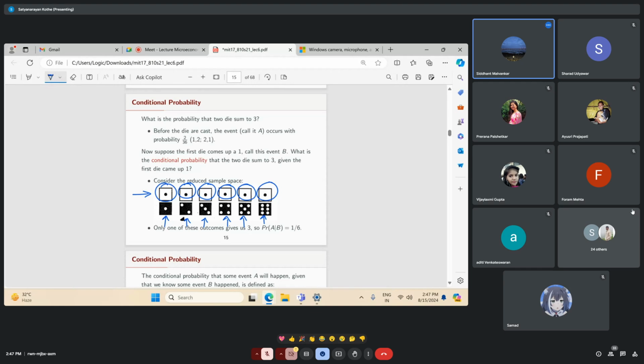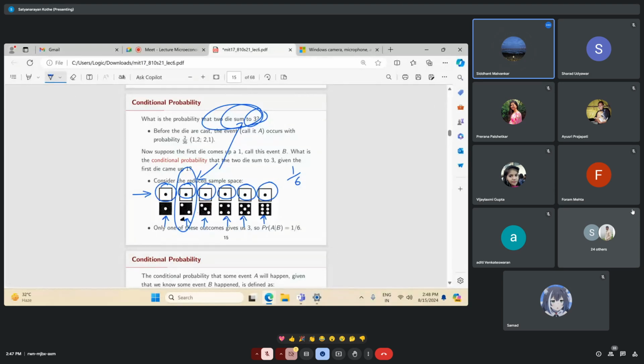But what you want is that the sum of these 2 dice is 3. Only possibility, the probability, is 1 out of 6. These are 6 possibilities, correct? But out of these 6, only 1 qualifies for this result.